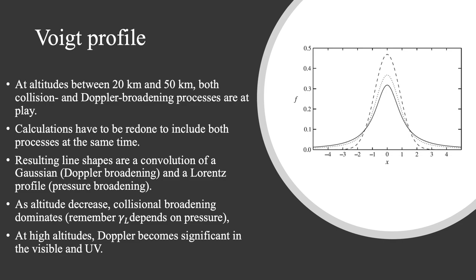And therefore, because both are important, the final shape of the absorption or emission line for atmospheric gases is a combination of the two, okay? And we call those Voigt profiles, okay? So that explains why we don't observe sharp lines, but there's always some kind of natural broadening.